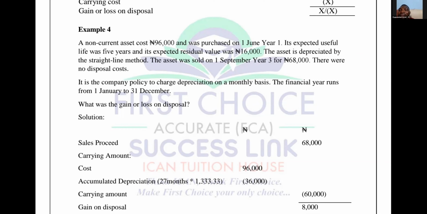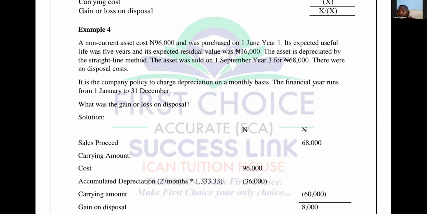So we actually sold the asset on 1st September year 3 for 68,000. So that is our sales proceed. 68,000 is our sales proceed. Now, they told us that there is no disposal cost. So there's no need for us to deduct any figure from our sales proceed.